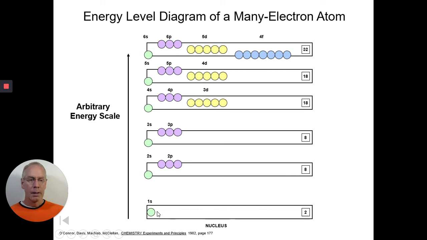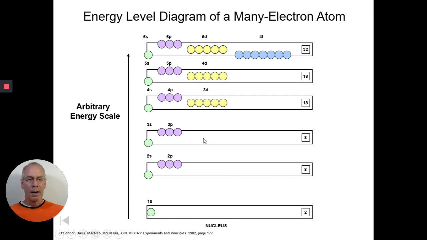In the second energy level, there's 1 2s orbital and 3 2p orbitals available. When we get to the third energy level, there are s and p. Now, the 3d orbitals actually are coming from the third energy level, but they're so high energy, they end up being in between a 4s and a 4p.